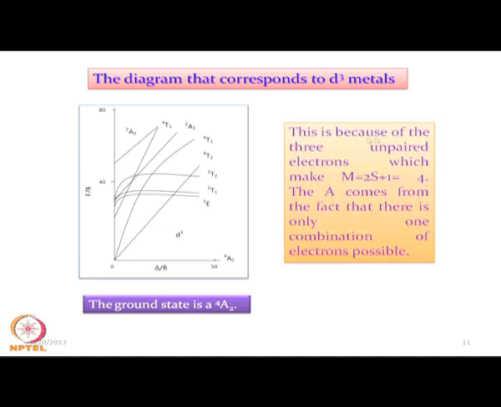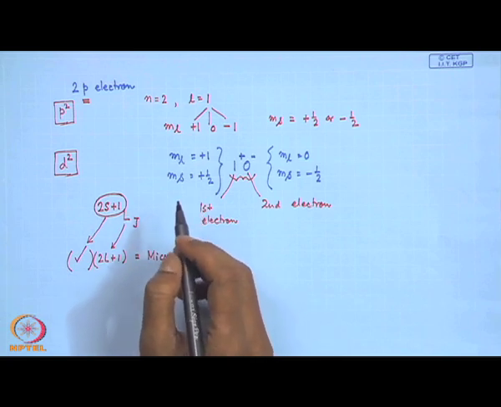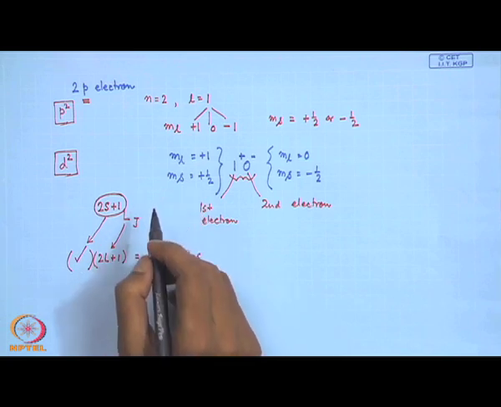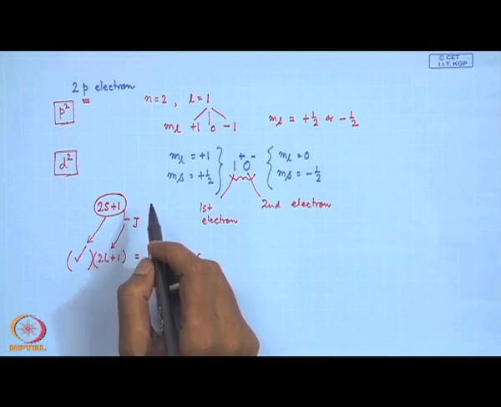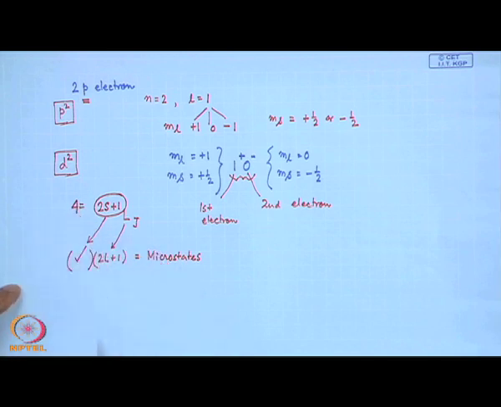This is because of the three unpaired electrons we have, the 2S plus 1 value in the term. Since this particular value is there, we have the corresponding value equal to 4. This diagram will continue in our next class. Thank you very much.